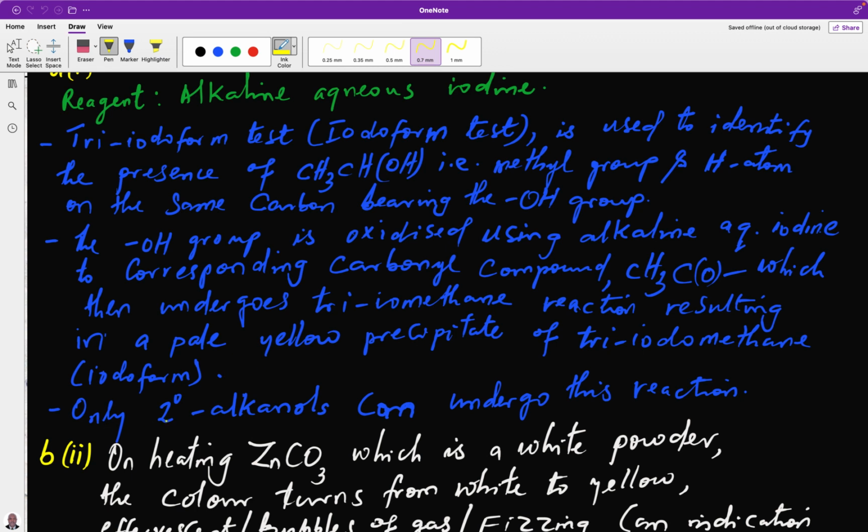Once more, only secondary alkanols can undergo this reaction. I have given you this write-up in blue for revision purpose. It's not for the examination.